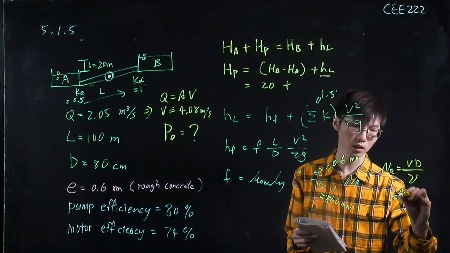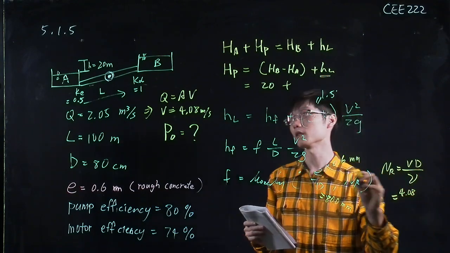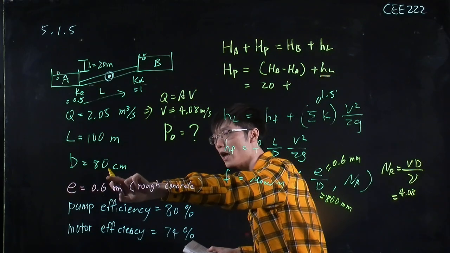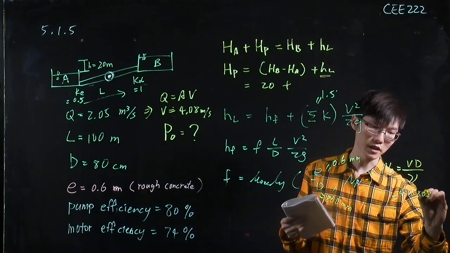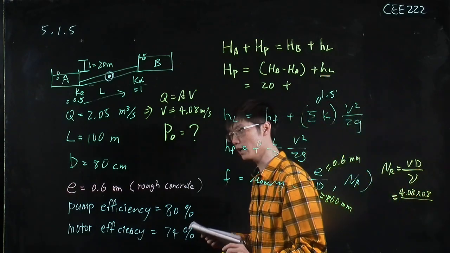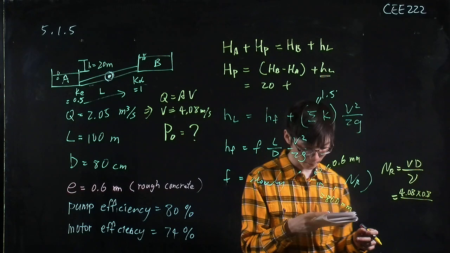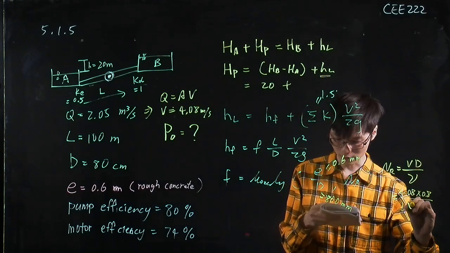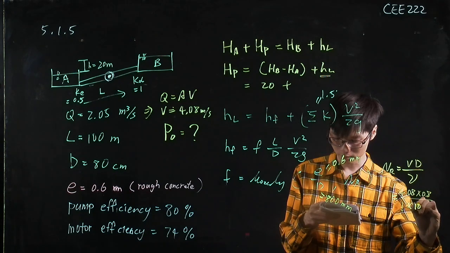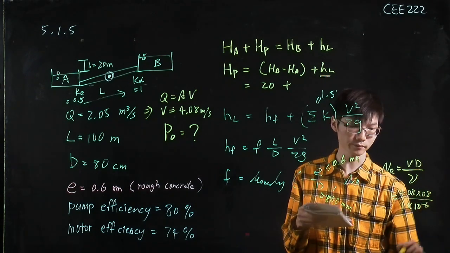If we have the velocity, we can plug into the equation I showed here. The velocity is 4.08, times the diameter, 80 centimeter, which is 0.8 meter, and the dynamic viscosity of water is 1 times 10 to the power of minus 6.